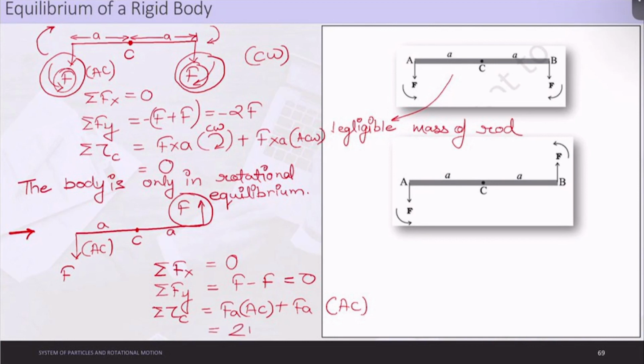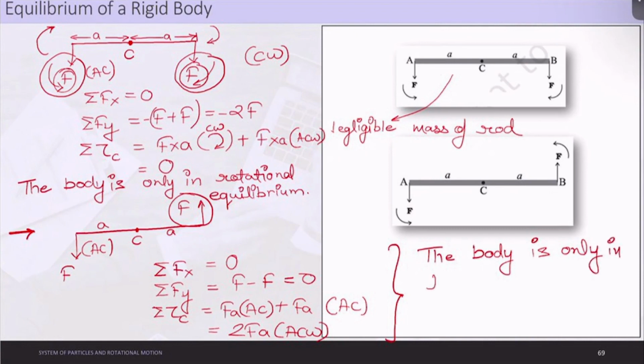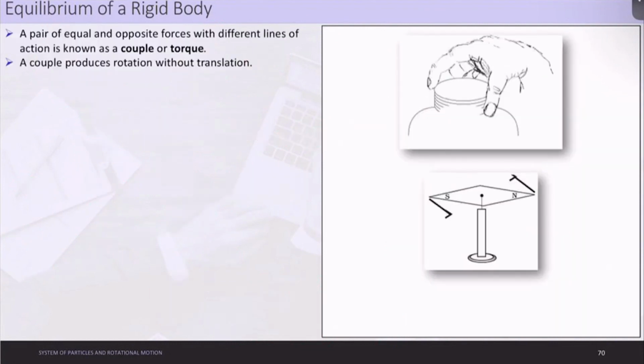So it is 2F into A in anti-clockwise sense. Okay. So using this results, we can clearly see that the body is only in translational equilibrium.